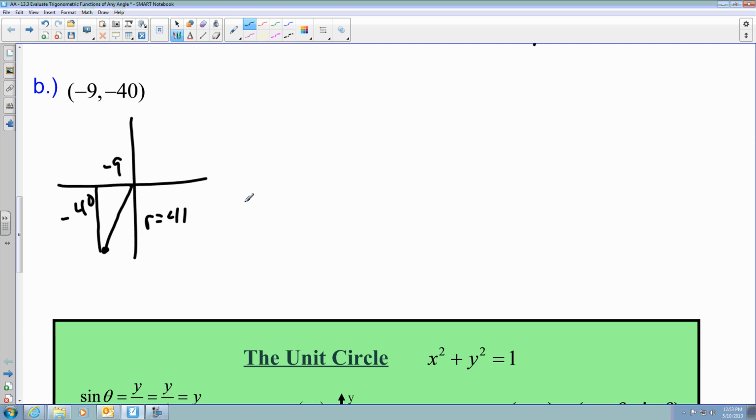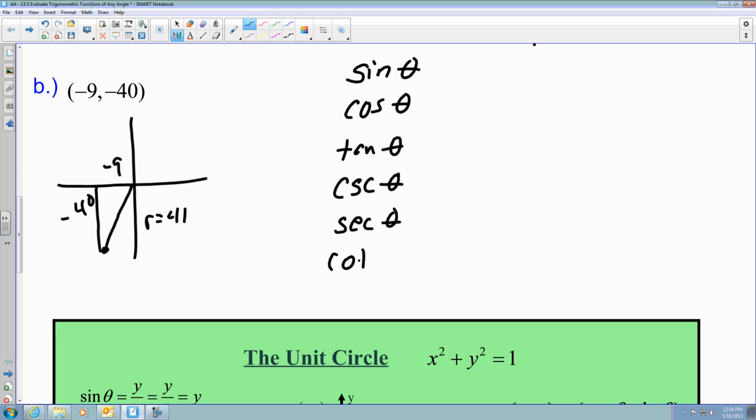So we have to keep in mind not only what our trig values are going to be, but also that we have some negative values. So I've got sine, cosine, tangent, cosecant, secant, and cotangent. Theta is coming off of our reference angle, and sine is going to be opposite over hypotenuse.